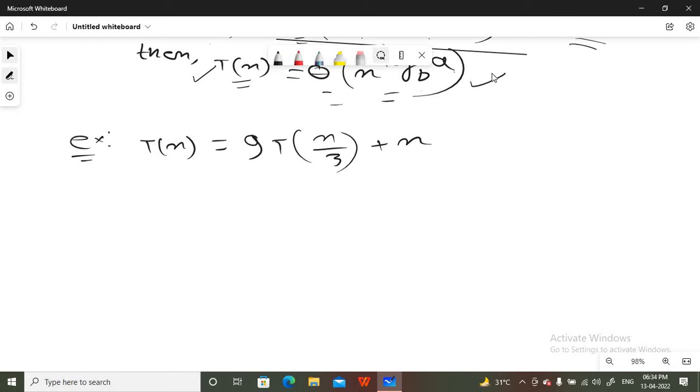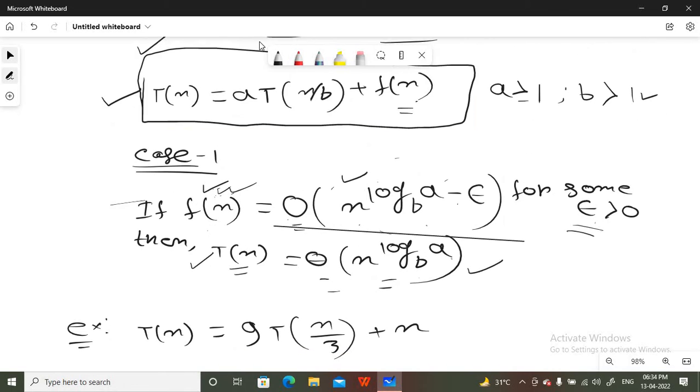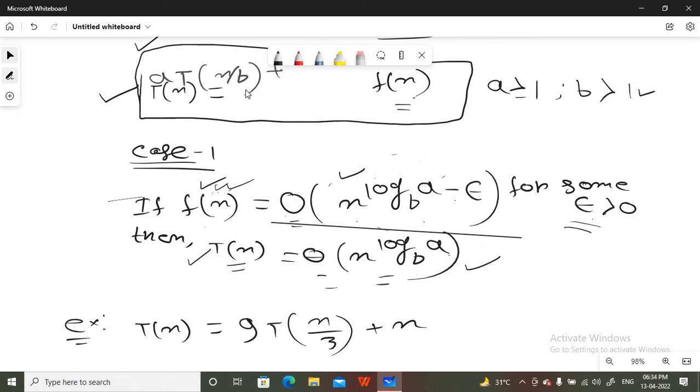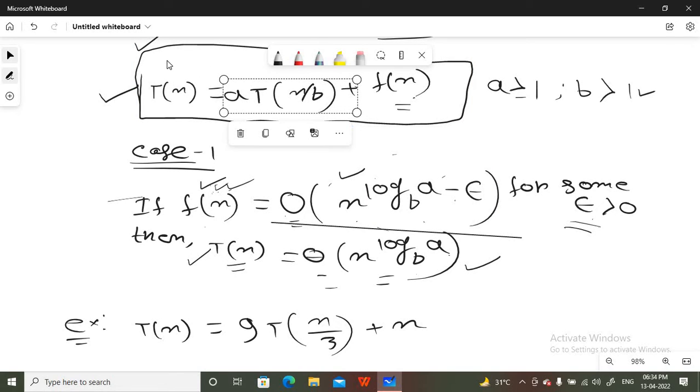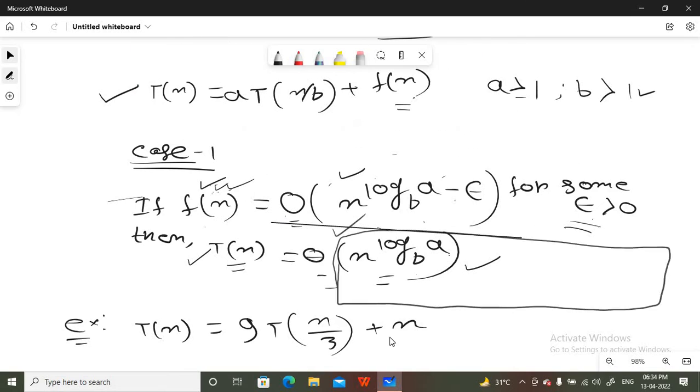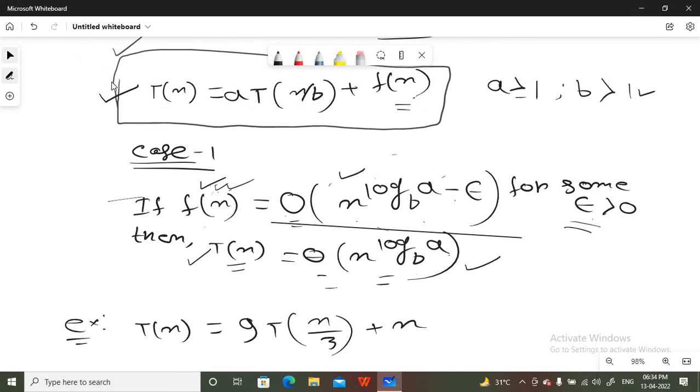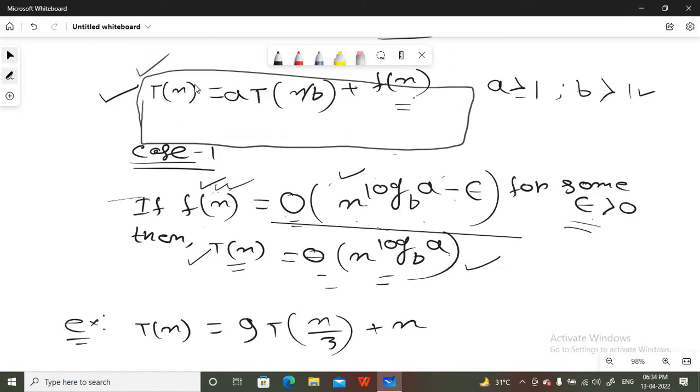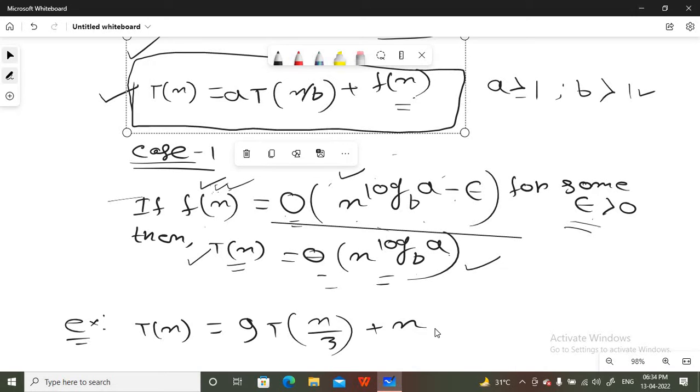First of all, check whether this equation falls into this shape. T of n equals 9 T of n by 3.